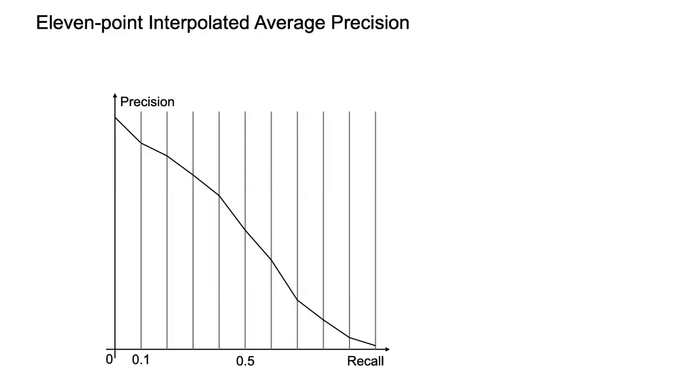Of course, it's not going to be exactly zero, but it goes down. What people do is that they like to take it every 0.1: 10%, 20%, and so on. So they like to take the tenths of recall. That gives us 11 points, right? 11 points, 0, 10, all the way to 100. It's like the B+ tree thing with the number of children and the number of keys. There's a +1. So this is why you get 11 and not just 10. So this is why it's called the 11-point interpolated average precision.